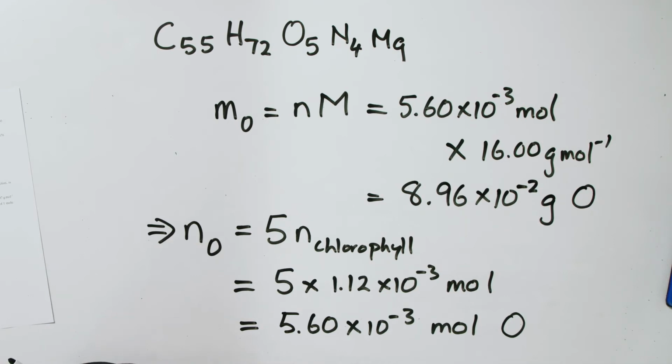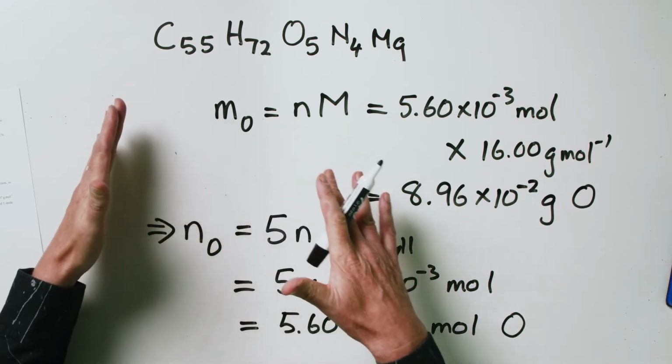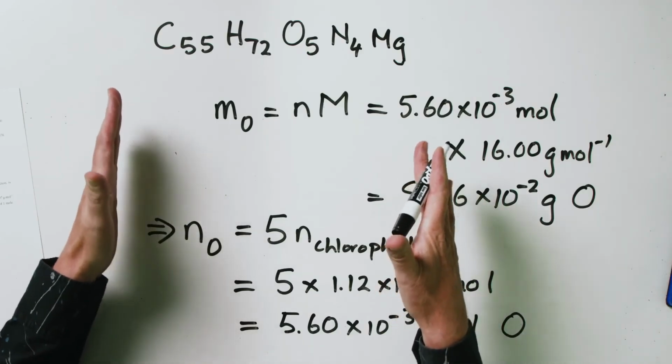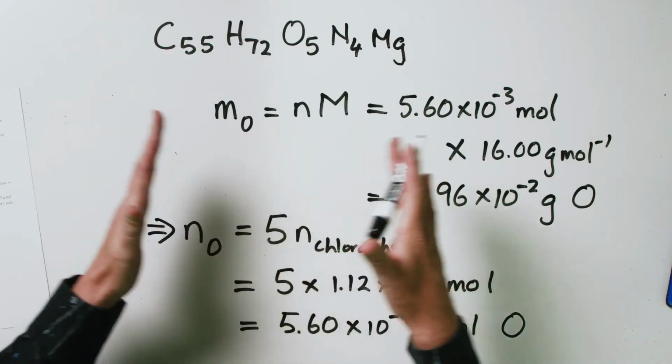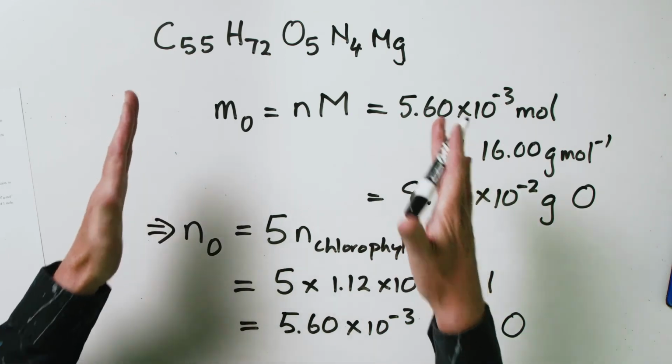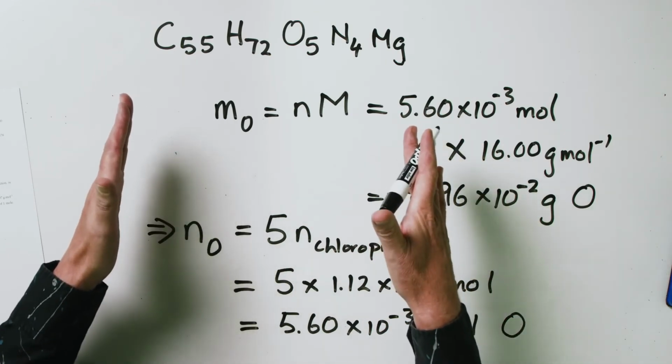So what this is showing you is you don't necessarily need a balanced chemical equation for all stoichiometric problems. A chemical formula will do you just as well. The chemical formula of any substance tells you essentially the mole ratio of atoms that are present within that particular substance, okay?